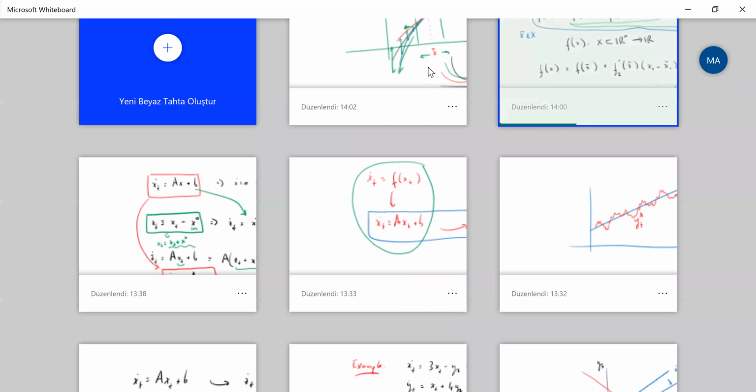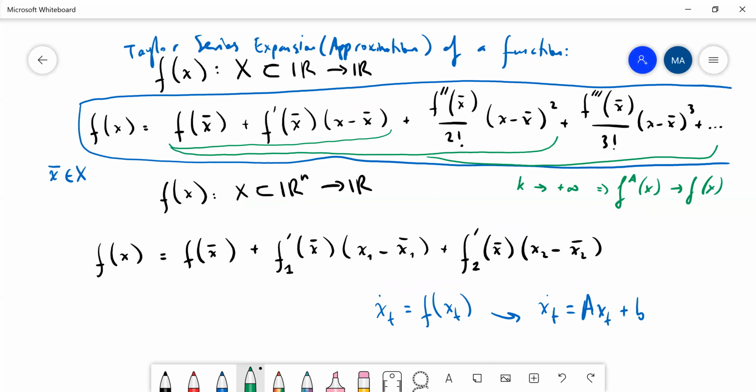Now let me go back to here. If your function has more than one argument, you can still do the same. Suppose now that your function has n arguments. First, again, you evaluate the function at that x bar. Now, x bar is of course x bar 1, x bar 2, x bar n.